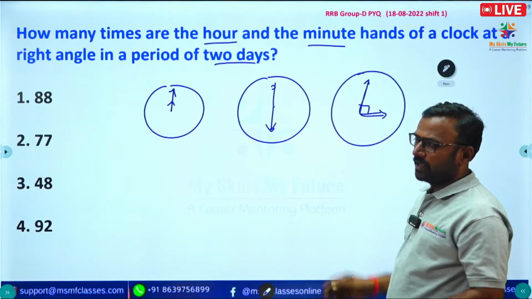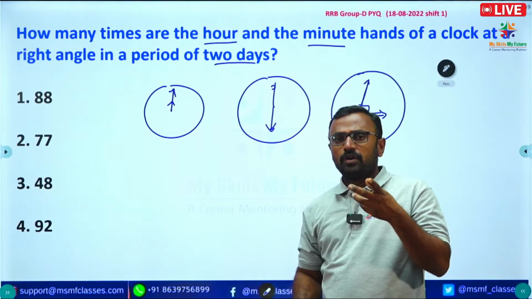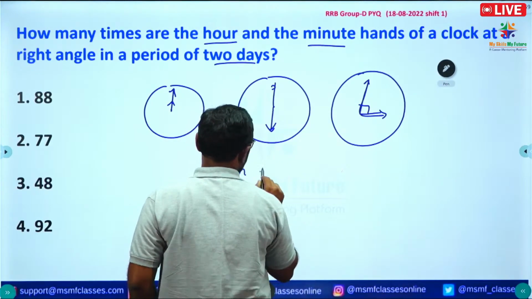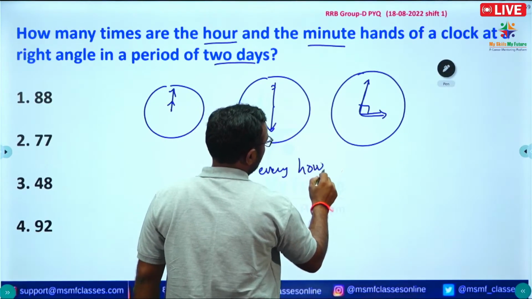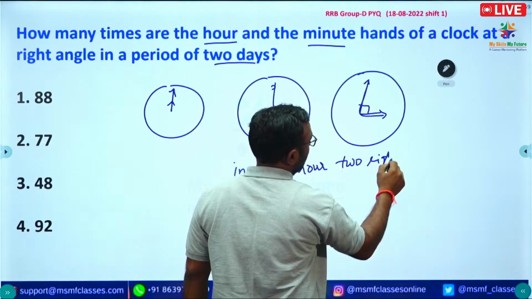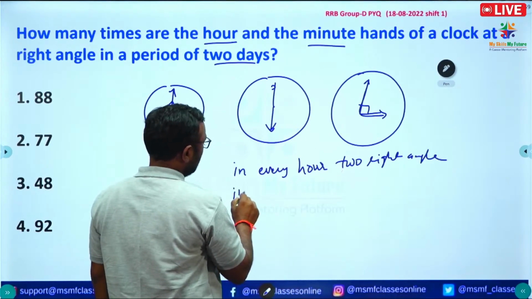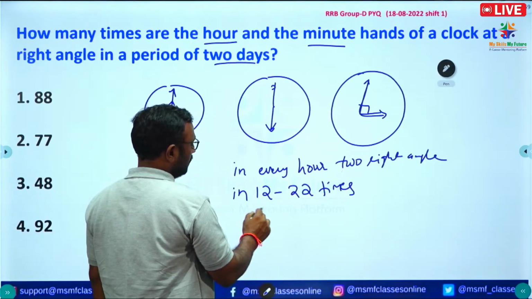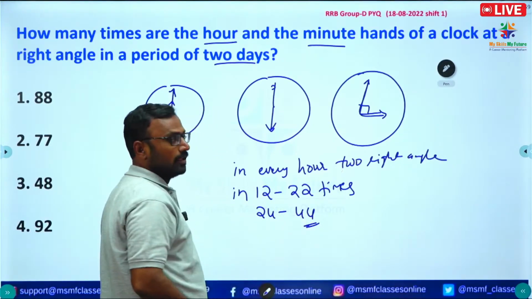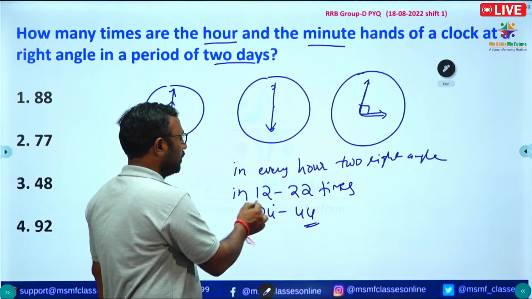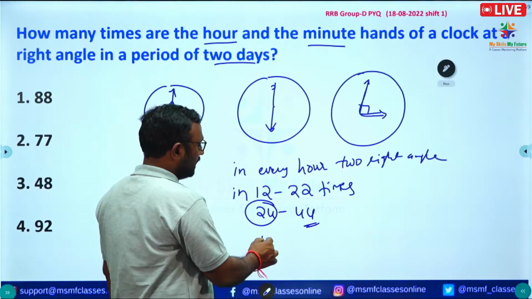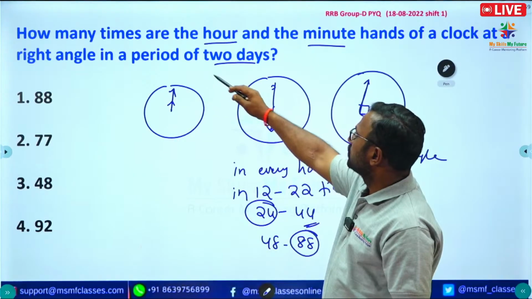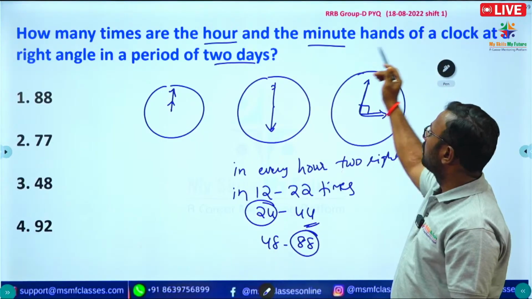If you see, the question is based on how many times the hour and the minute hand of a clock are at a right angle in a period of 2 days. So in every hour there are 2 right angles between the two hands. In 12 hours, 22 right angles. In 24 hours, 44 times. Here they are asking about 2 days. 24 hours means 1 day, 48 hours means 2 days, so 88 times they are at a right angle.